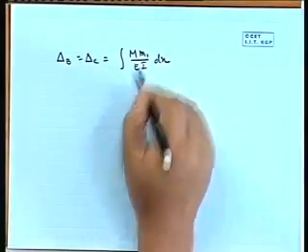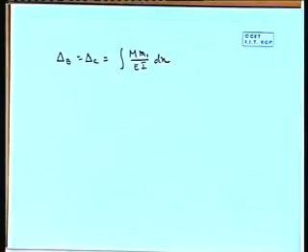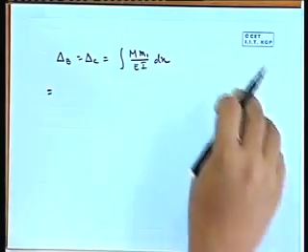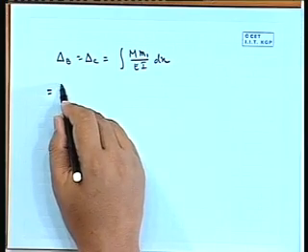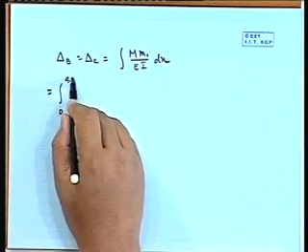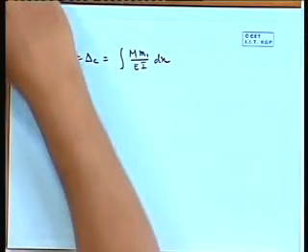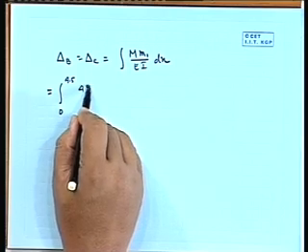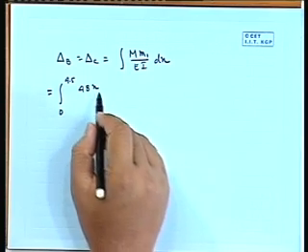right, and our expression was M m by EI dx. In that case, small m will be M1, and this integration we have to perform segment wise. So the first segment will be 0 to 4.5, and what is the expression of M? It was 48x, and what was the small m?